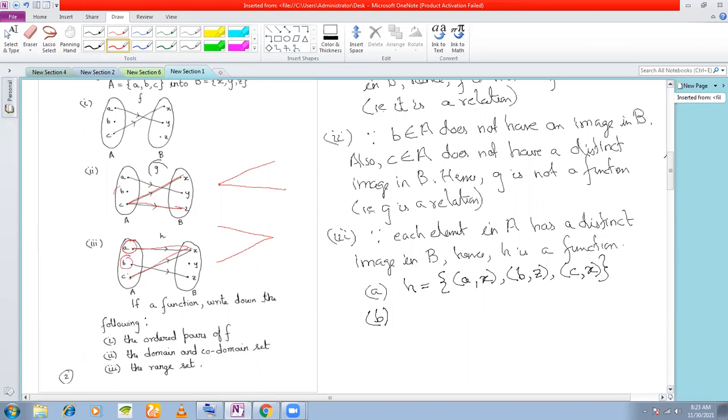A, B, and C. So therefore, the domain of H, we write as {A, B, C}, which is the same as A. It may not always be equal to A. Okay, remember this. The domain consists of only those elements which have a distinct image in B.